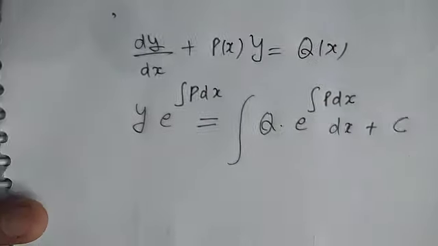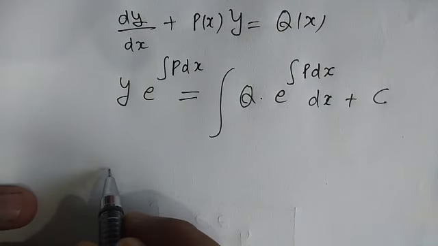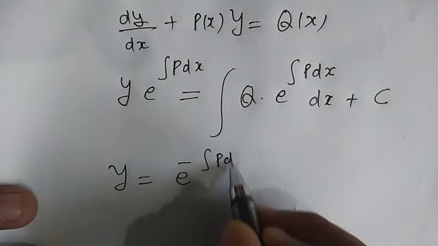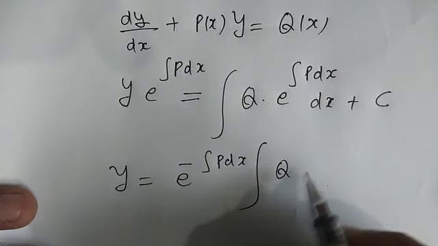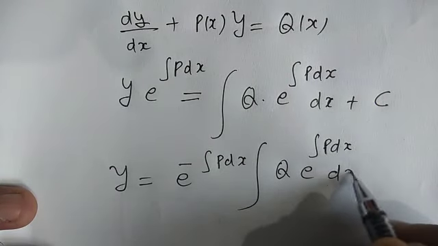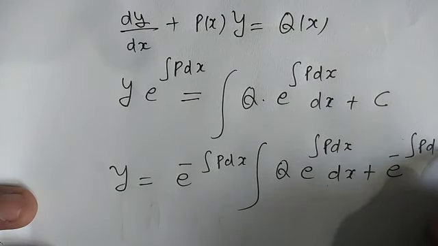So we can write y equals e power minus integral p dx times integral of q e power integral p dx dx, plus e power minus integral p dx into c.